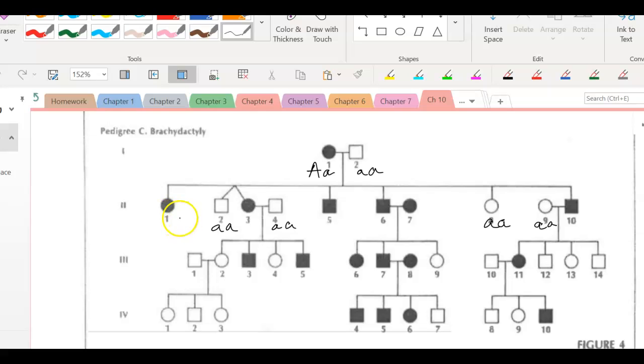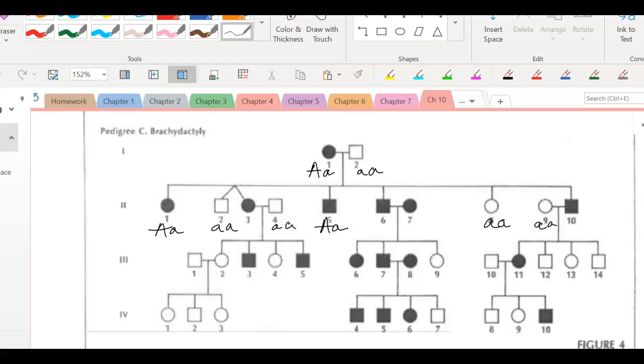This individual is big A, little a, because they have the disease, so they have to have the dominant allele. And then dad can only give a little allele, so that is a heterozygote. This individual also has the disease, and then dad could only give the little one, so that is a heterozygote as well.